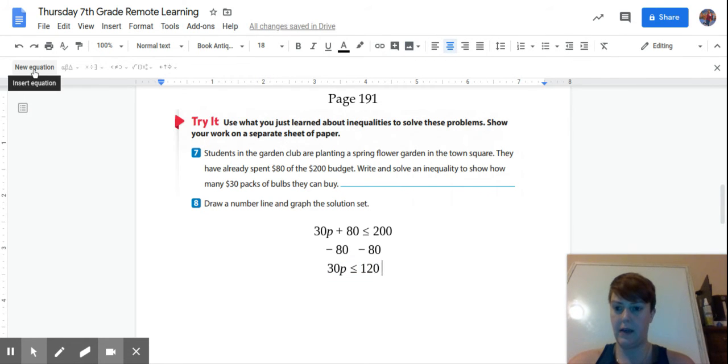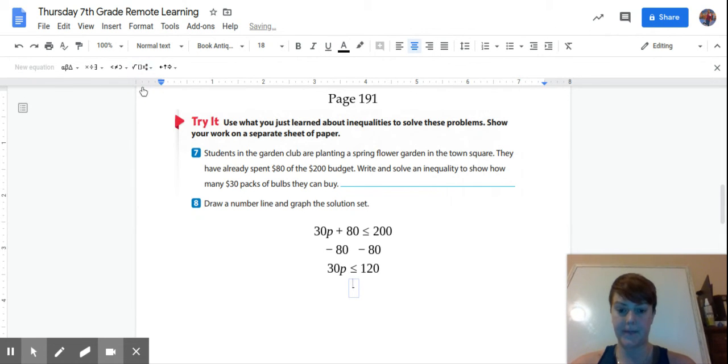And then we're going to divide both sides. Sorry, gotta go to the next line. We're going to divide both sides by 30, not 30p, just 30. Leave the variable alone because we're trying to get that one alone. We're trying to isolate that variable. And so on the other side, 120 divided by 30.